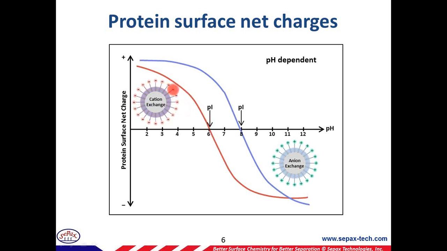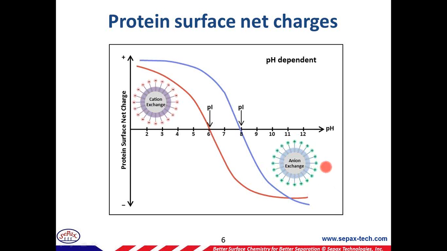The cation exchange resin here has negatively charged functional groups. On the other side, if the pH is above the pI, you have more negative charge, then the protein will bind to the anion exchange resin, where all the functional groups are positively charged.